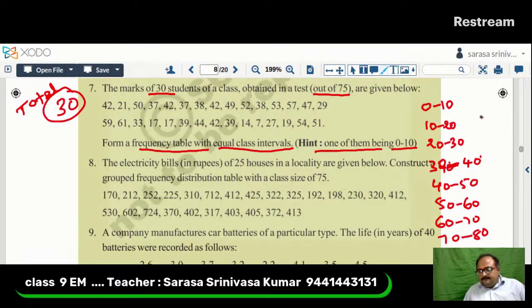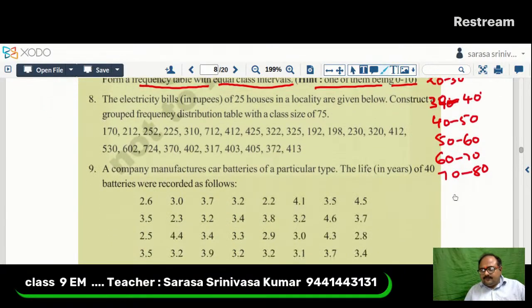Next 80 to 90, 90 to... not all this, we should strike off this. We have marks up to 75 only.